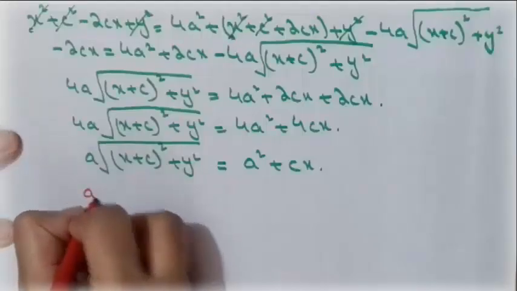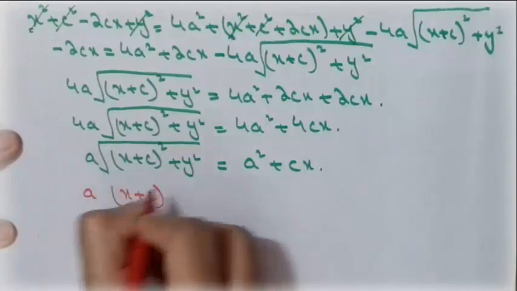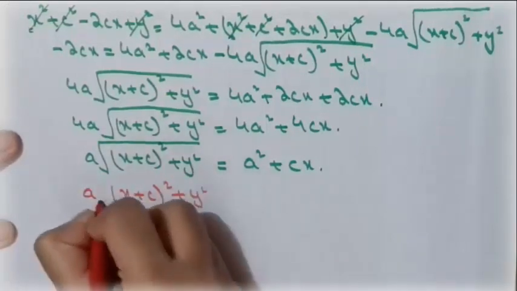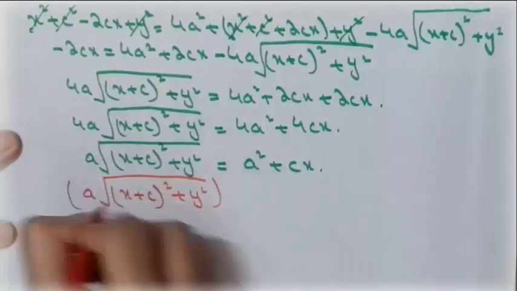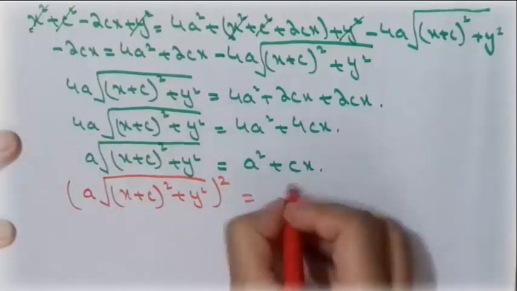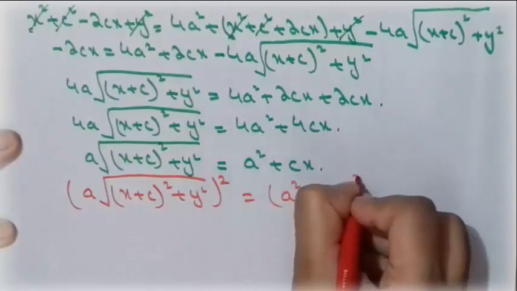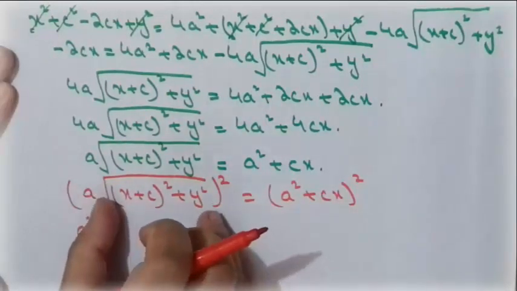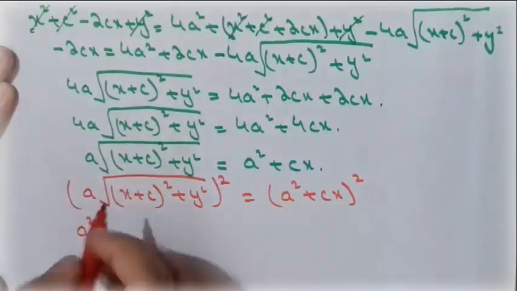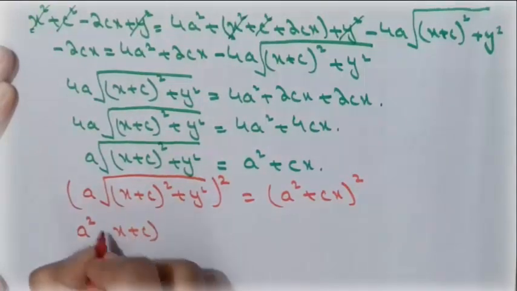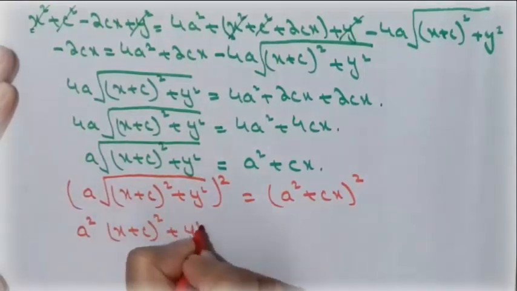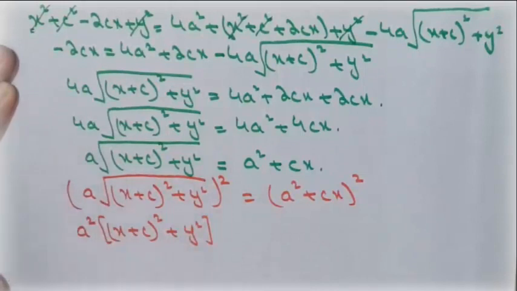So if I write the step, which is x plus c square plus y square with a radical factor and a square, which is equal to a square plus cx with the factor of a square, in this factor this radical sign will be removed. So I will be left with x plus c square plus y square multiplied by this factor.